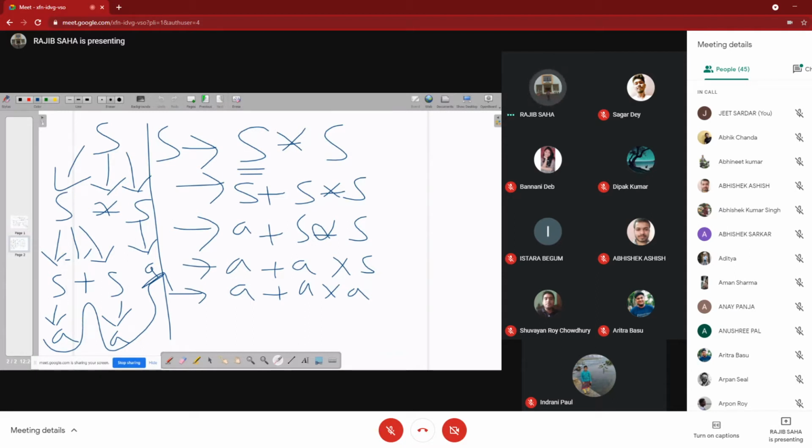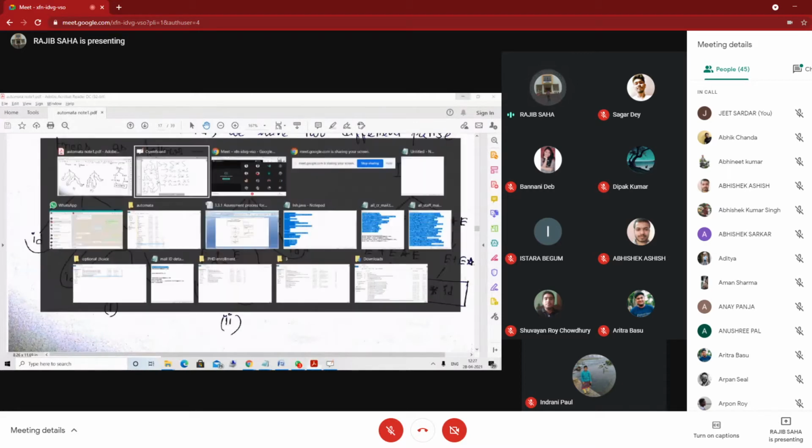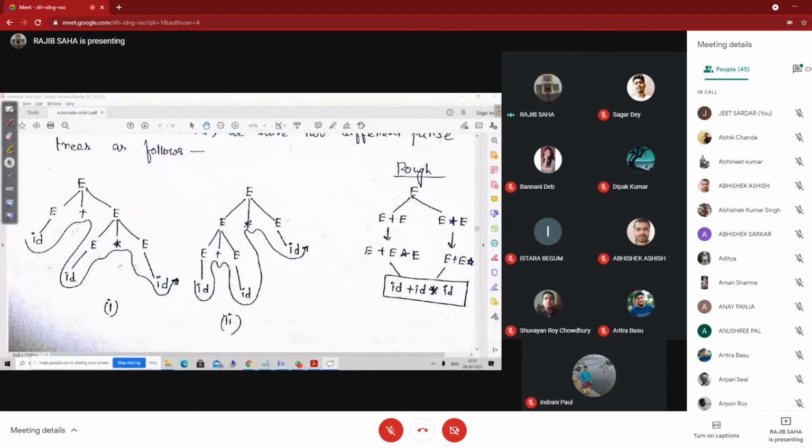If we see them on a single screen, these are the two different parse trees you have. So this is called an ambiguous grammar. Why? Because for the same sentence from a same grammar we have two different parse trees.